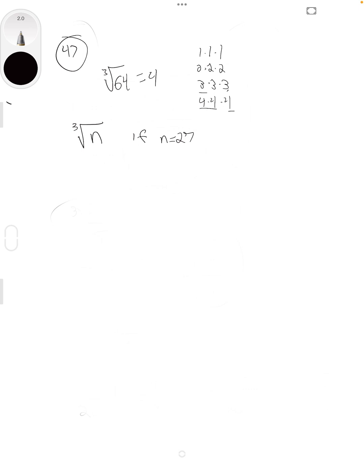Well, if n is 27, what's the third root of 27? Well, that's 3. Remember, 3 times 3 times 3 is 27. Okay. What if n equals 8? Well, the third root of 8 is 2.